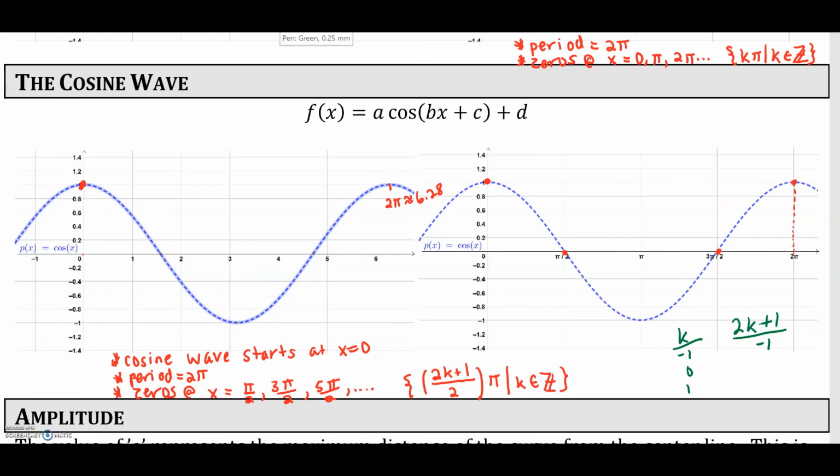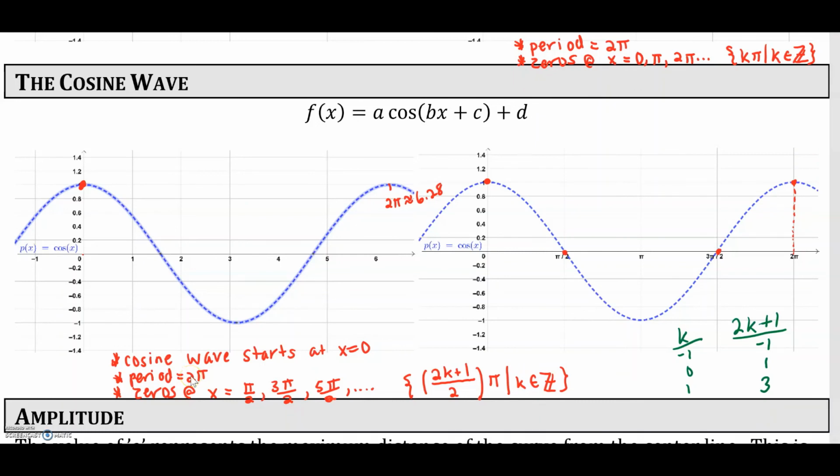When you plug in 0 for k, you're going to get positive 1. And then when you plug in positive 1 for k, you get 3. So you can see how you end up getting only odd numbers, because 2 times k is always even for any integer k. And when we add 1, that forces it to be an odd number.